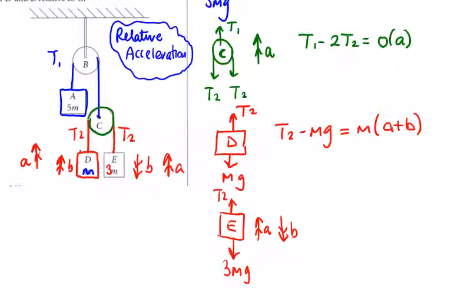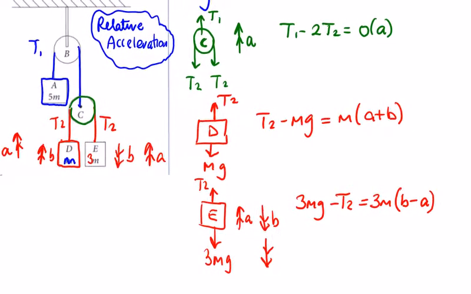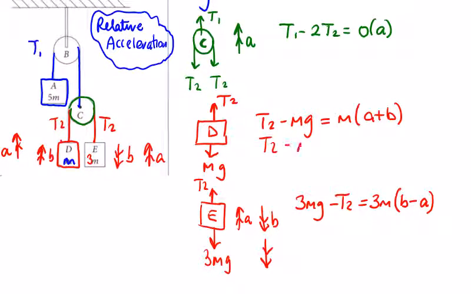So E is going down relative to C. So we're going to have 3mg minus T2 is equal to 3m times my acceleration, which is going down with acceleration B, and the acceleration that's opposing it up and down that escalator is A. So if I multiply these out, T2 minus mg is equal to ma plus mb. 3mg minus T2 is equal to 3mb minus 3ma.